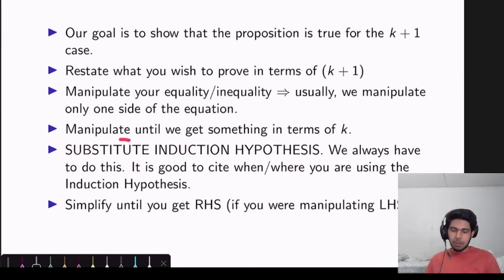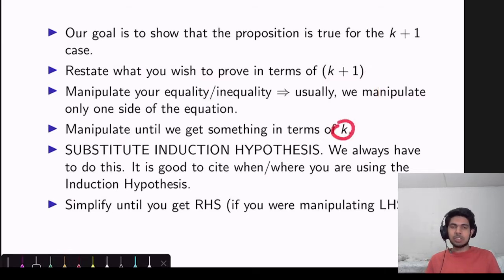And then you're going to keep on manipulating until we get something in terms of k. This is slightly confusing because when we substitute k plus 1, everything will be in terms of k, but we want to reduce it to a version of the problem in terms of just the value k. It's hard to explain verbally, so we'll see it in some examples, but the idea is to reduce downwards.